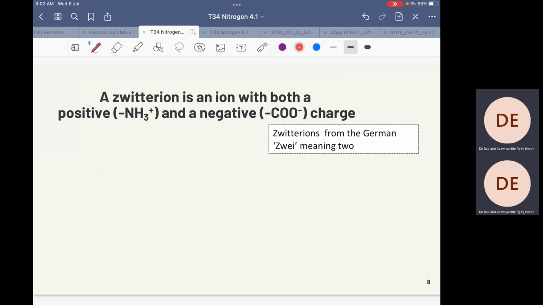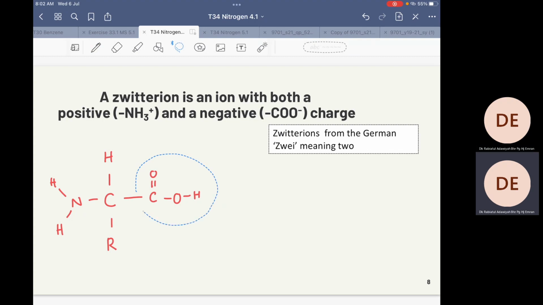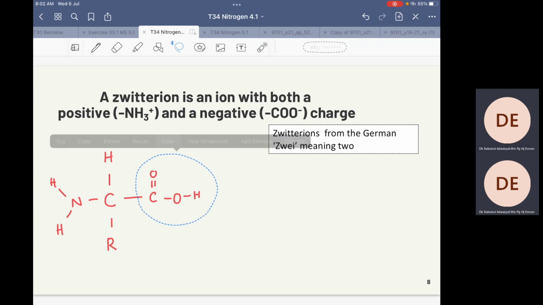So let's start with a neutral amino acid. So I will just draw my hydrogen and R top and bottom, just get it out of the way, okay? I'll have my COOH here, and then my NH2. Actually, I would want to color code them so you can see what's happening. The acid group, I will change color.